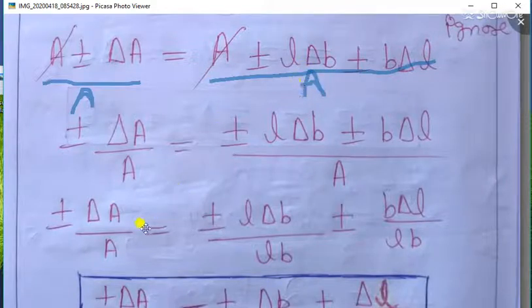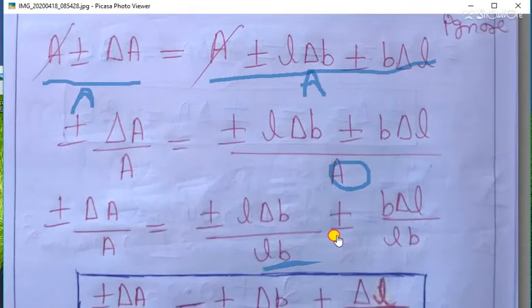A is L into B, so here I can write A as L into B. Dividing both terms, it is plus minus.